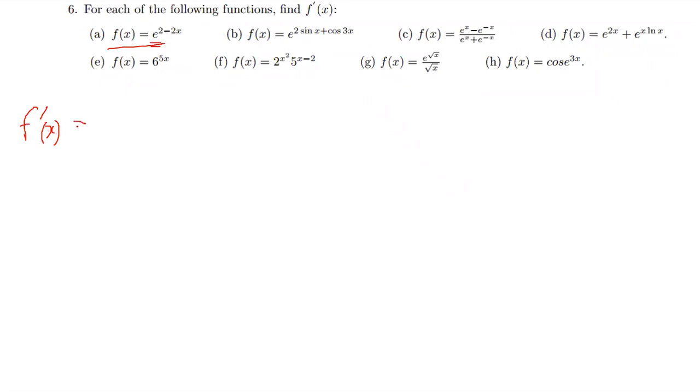So f prime of x is equal to, you differentiate the power. So when you differentiate the power using the power rule, you're going to get -2, because you know that this 2 is a constant, and when you differentiate the 2, you just remain with a 0. Then when you differentiate -2x, you get -2.